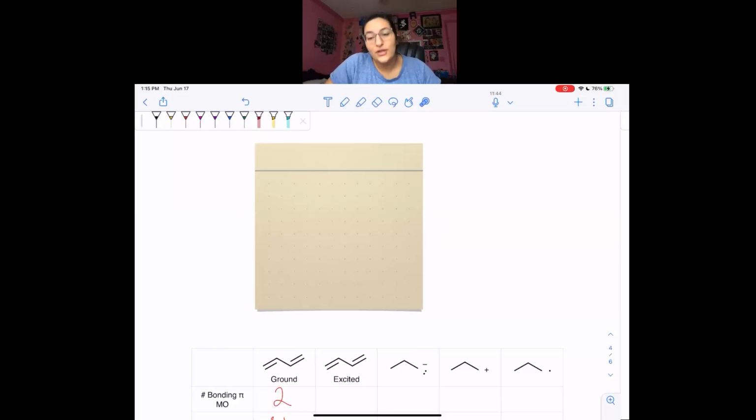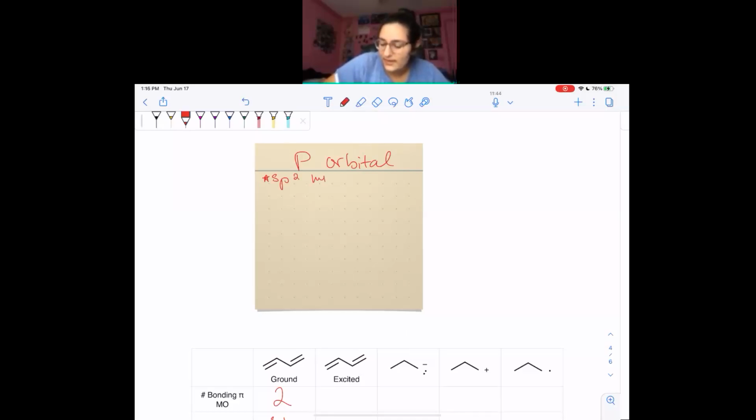Okay, so we're going to talk about what has a p orbital. sp2 hybridization. And sp2 includes double bonds. It includes anions, so negative charge, cations, so positive charge, and radicals, which are one single electron.